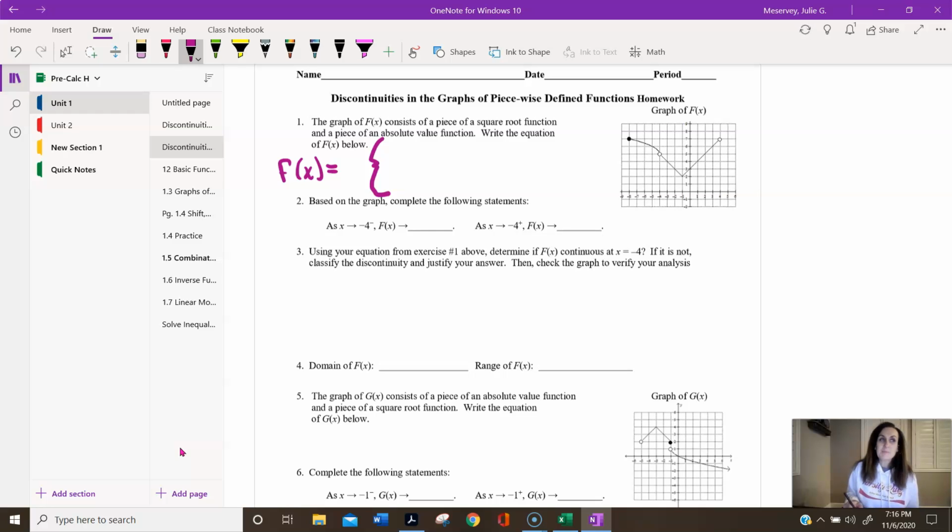This is the absolute value of x. It got shifted to the left 1 and up 2. So it'd be the absolute value of x plus 1 is going to take me left 1, and then plus 2 is going to take me up 2. And the domain of that piece only is -4 to 4.